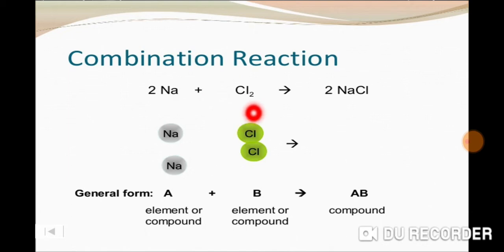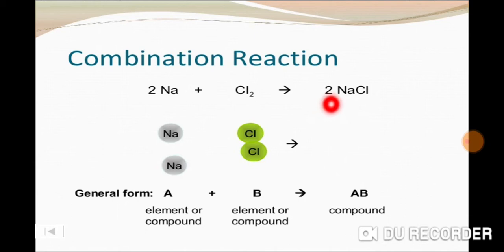Again, sodium added with chlorine formulates sodium chloride. Then we balanced it because we were having two atoms of chlorine, therefore we had to add 2 on the right hand side. When chlorine was balanced, 2 here and 2 here, then sodium was 2 as well due to the addition of this 2.